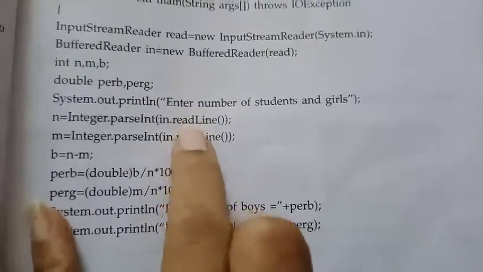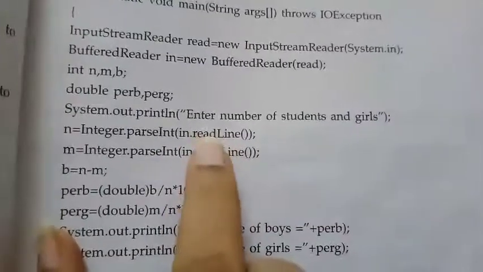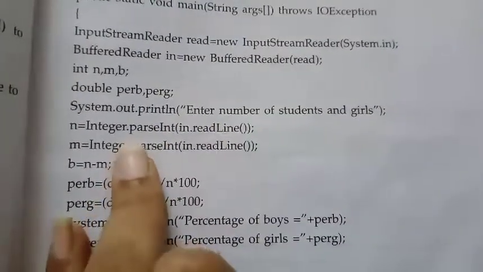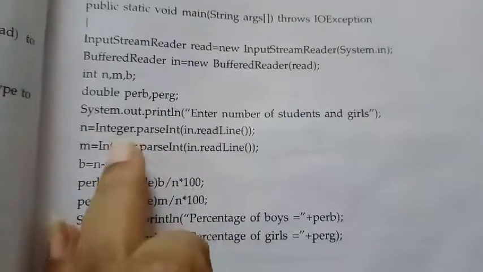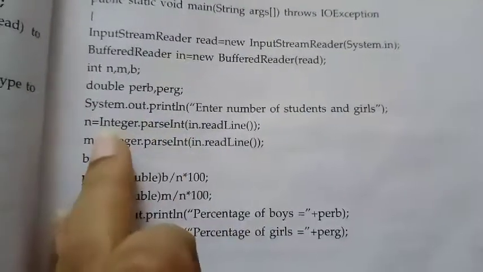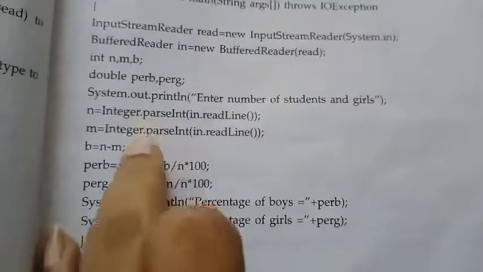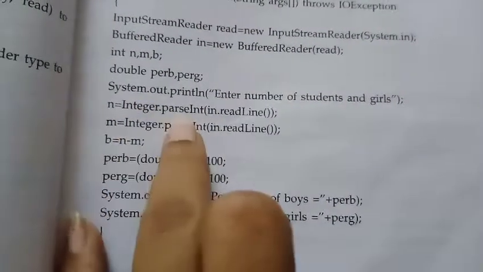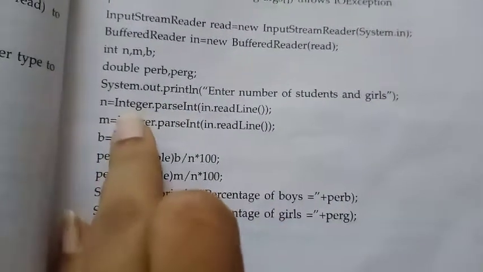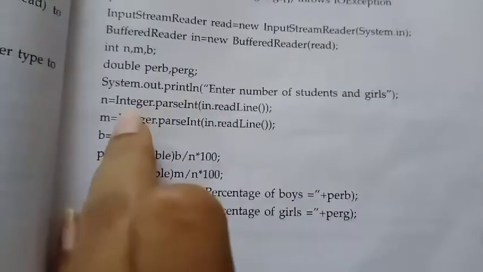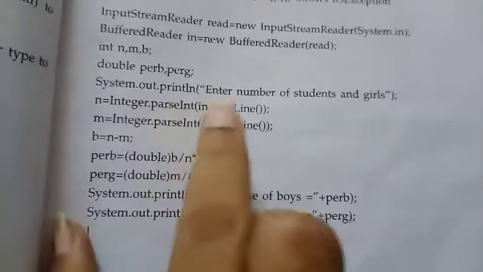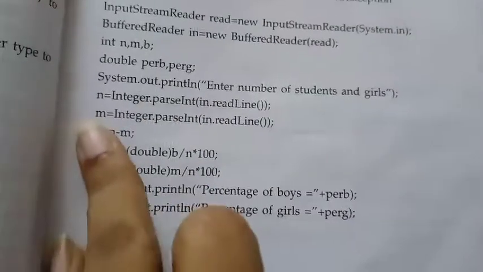To convert this input from character form to integer form, because the number is going to be an integer, we are giving Integer.parseInt. Integer is a class, and this parseInt is a method belonging to the Integer class which converts the character into an integer.